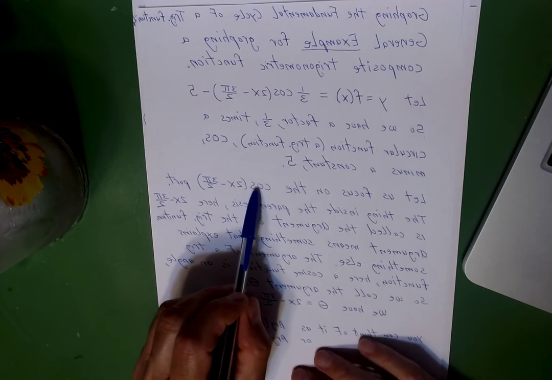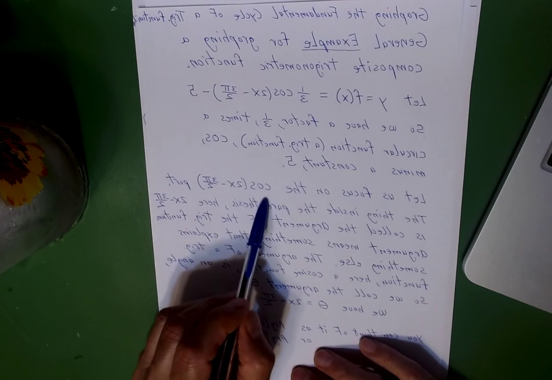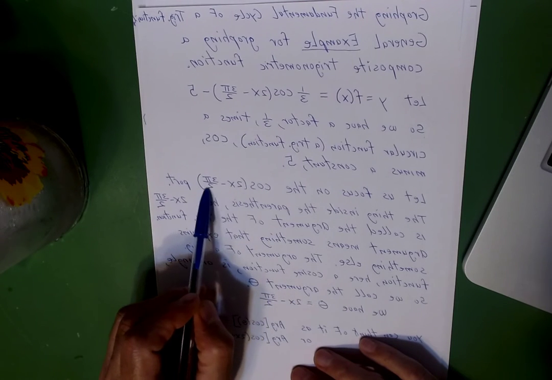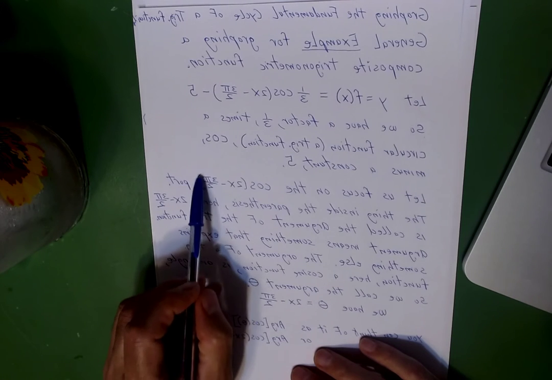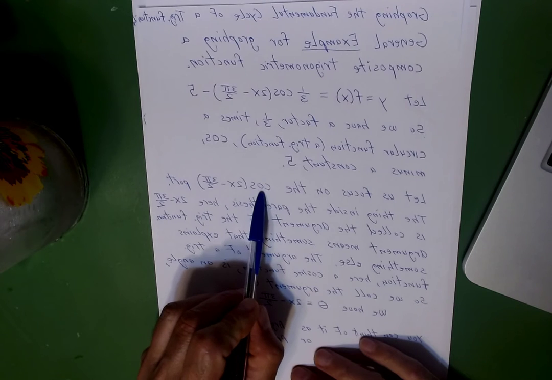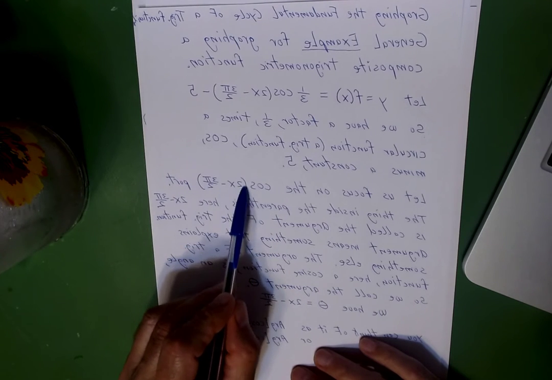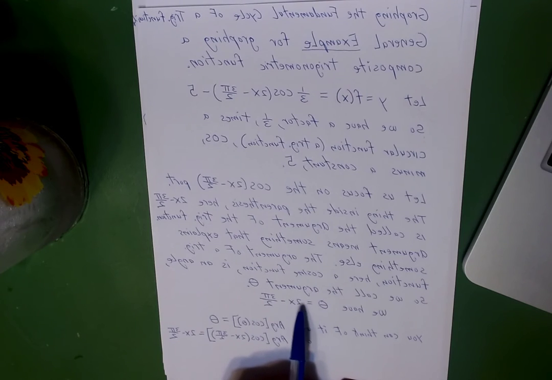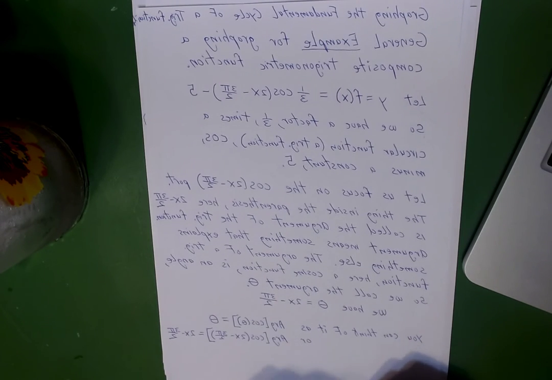We know we're doing a cosine function, but cosine of what? Cosine of this thing. And so this argument actually is the angle. This whole thing represents the angle. And so this is the cosine of some angle theta, and here theta is equal to 2x minus 3 pi over 2.